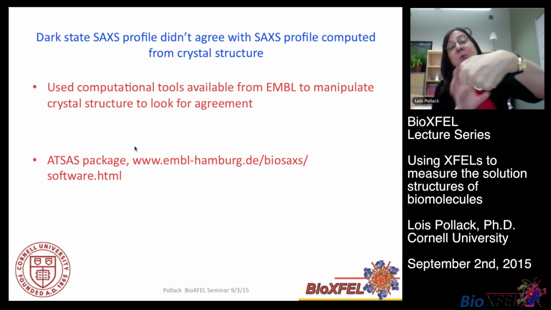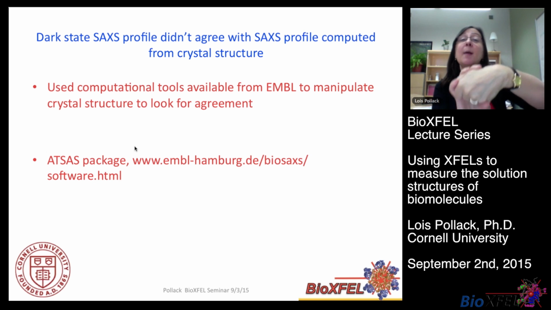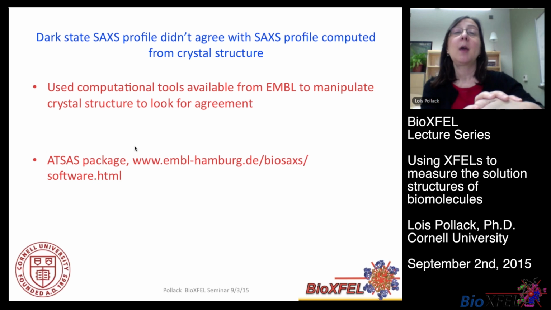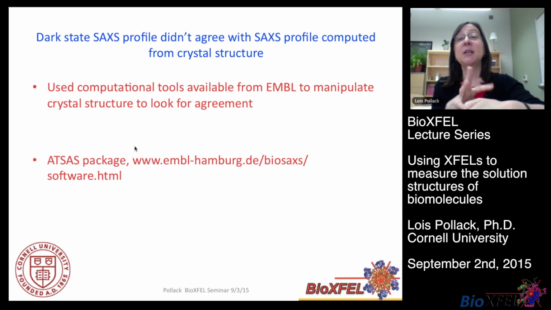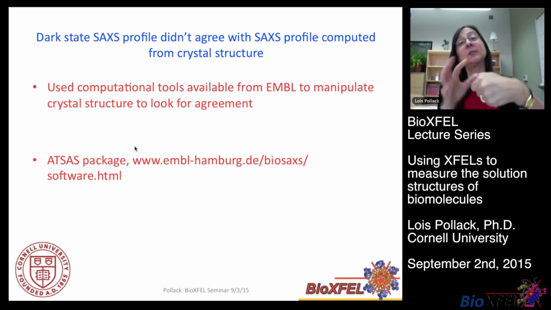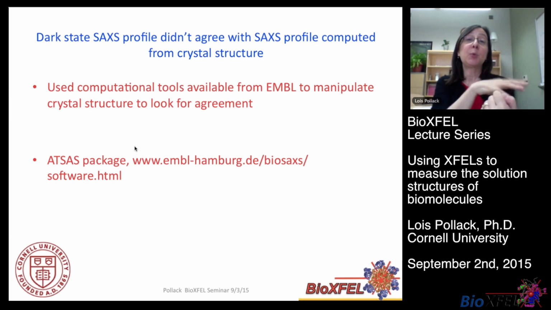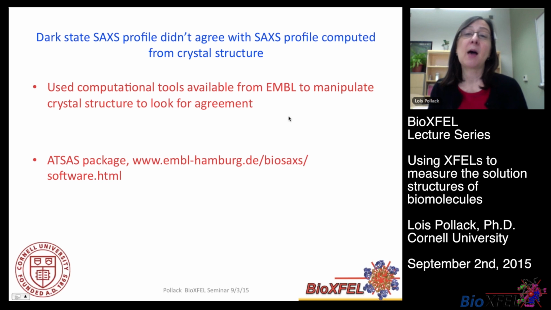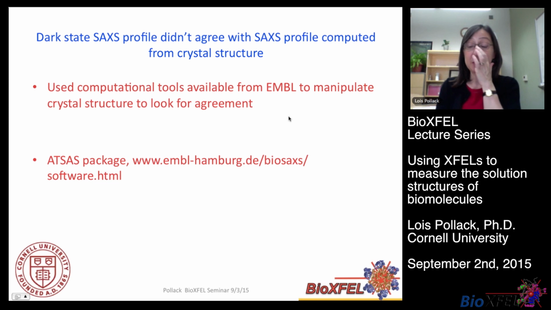What we did was we started with this crystal structure, and because we have the structure, we used some very sophisticated computational tools that would allow us to manipulate the crystal structure to see how we could get the best agreement between our scattering profile and a profile computed from the crystal structure. This is the website. EMBL, the European Molecular Biology Lab, really has these wonderful SAXS analysis tools that are available for everybody to use.